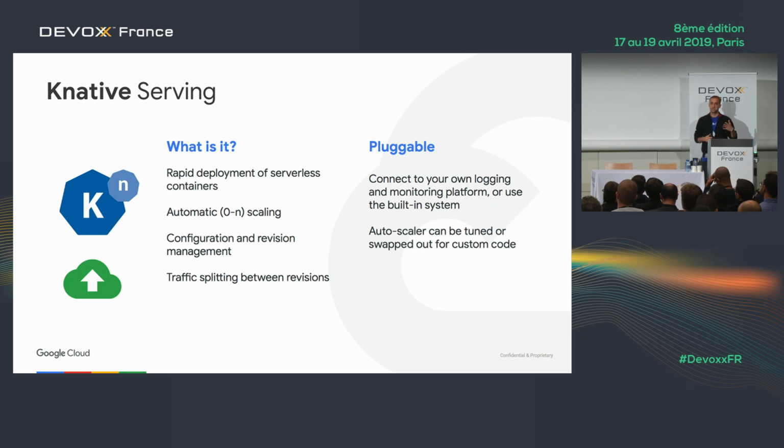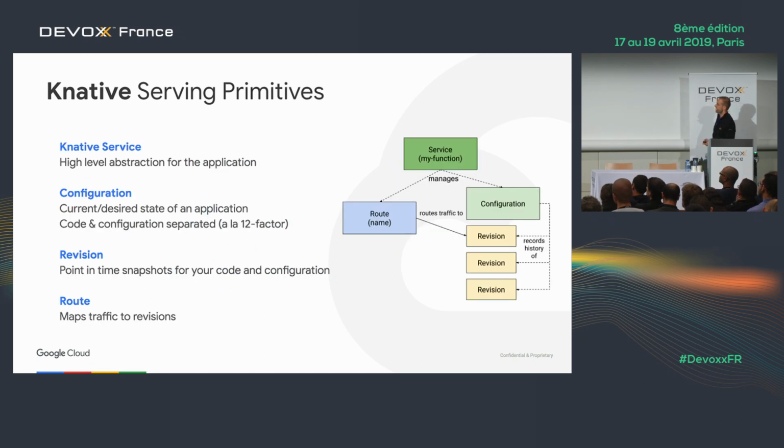So you can say the latest revision gets all the traffic, or you can say the latest revision gets 50% of the traffic, and the other one gets the other 50%. So that's what you get, basically. Deploy your container, get traffic routed to it, get auto-scaling, get configuration and revision management, and get traffic management on top of that. And these are kind of the building blocks of Knative serving.